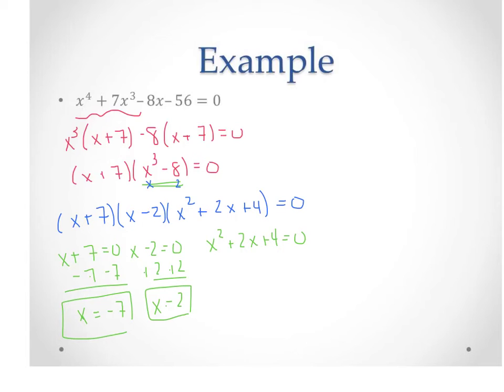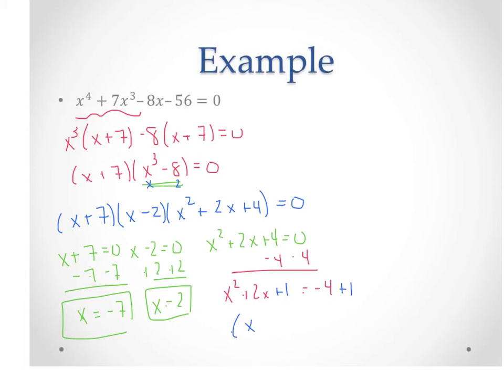This one is easy enough. You might complete the square on it, just to remember what completing the square is. So if we move our 4 to the other side, it becomes a negative 4. Remember, your first step, move c to the other side. Second step is take half of b, which is 2, so half of 2 is 1, square it, add that to both sides.